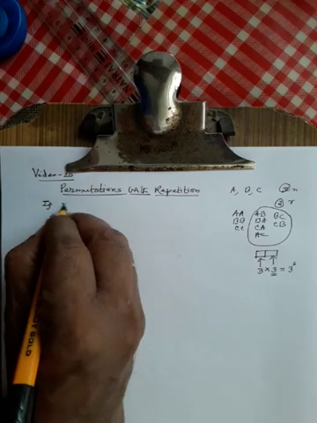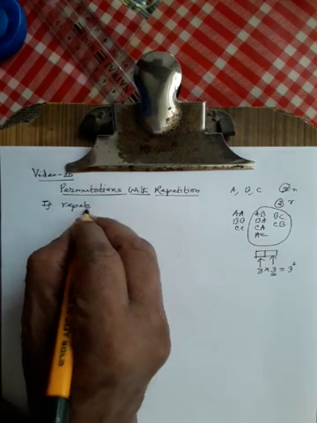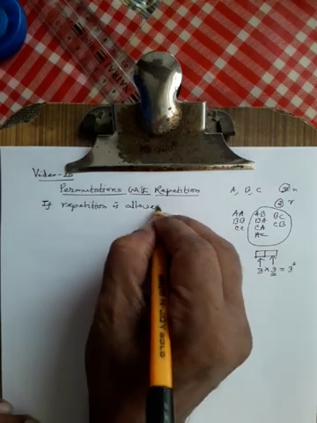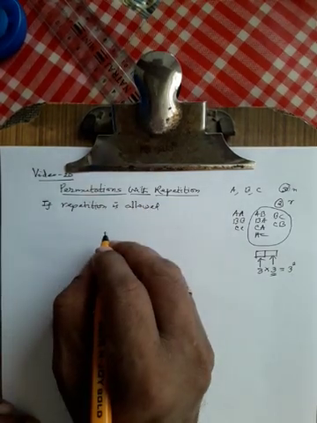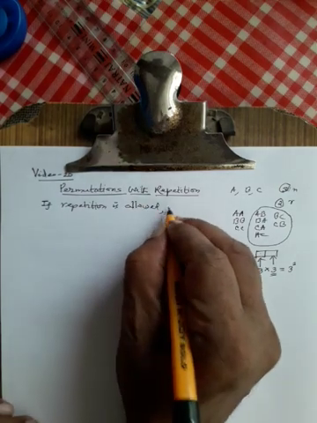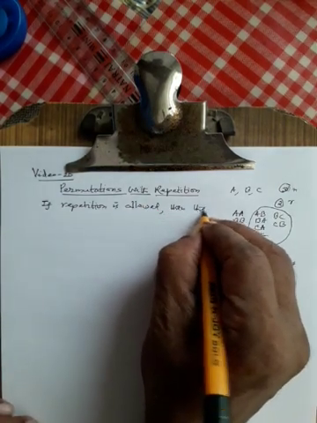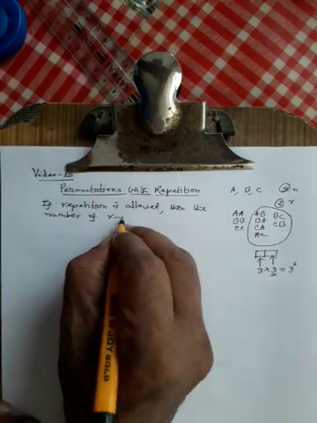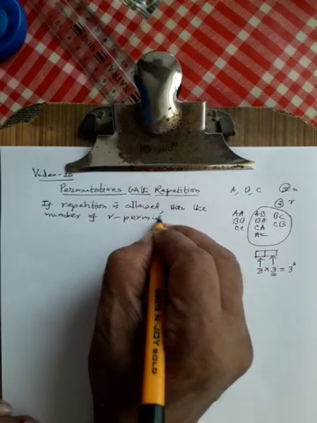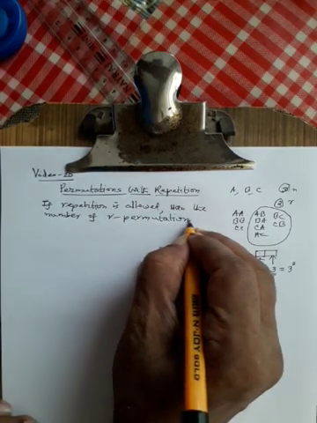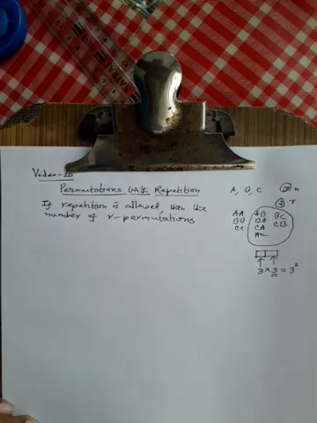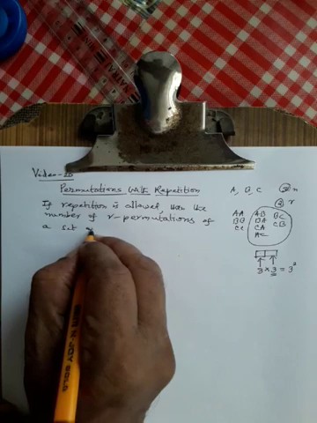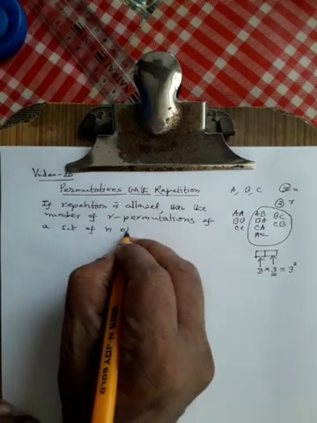If repetition is allowed, then the number of r permutations, that is a permutation consisting of r objects, of a set of n objects.